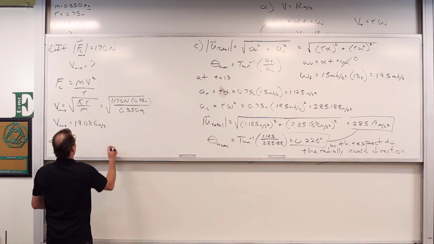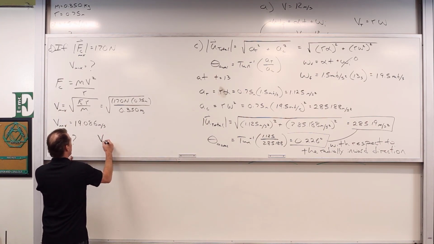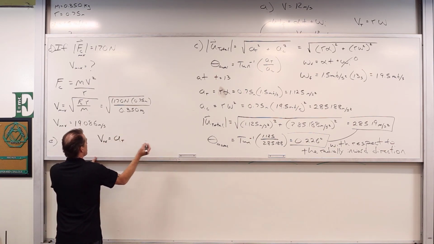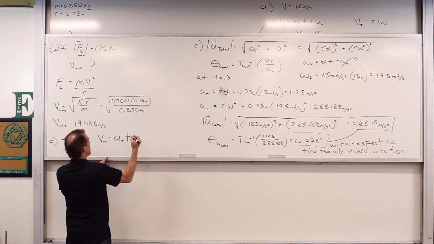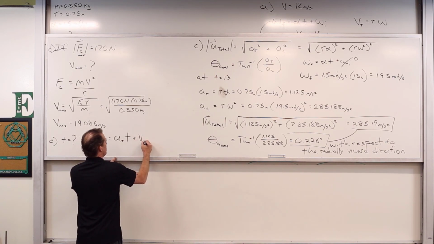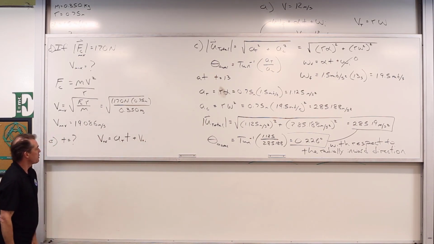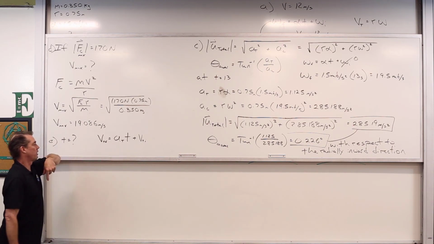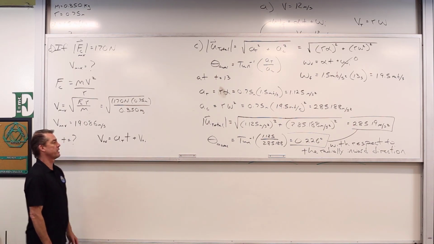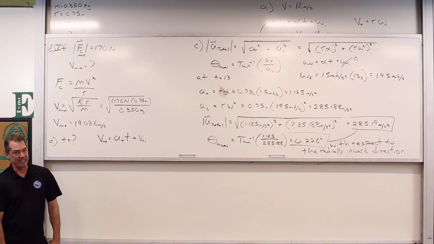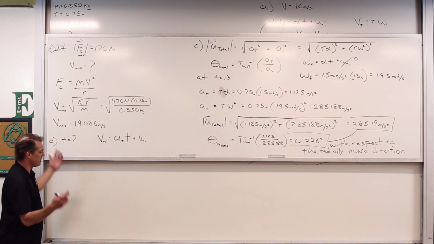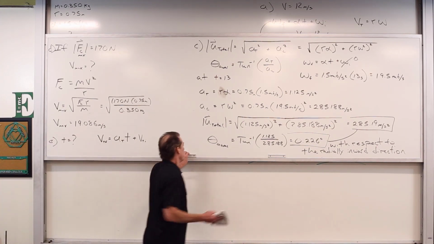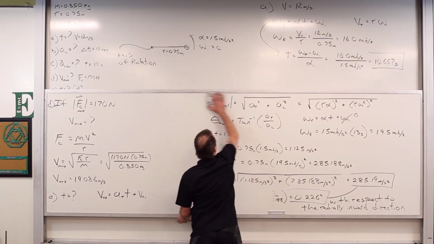V sub t final is equal to a sub t times t plus v sub t initial. The final tangential velocity is equal to the tangential acceleration times time plus the initial tangential velocity. This is just an old equation of motion that we've used before, I'm saying specifically tangential now.